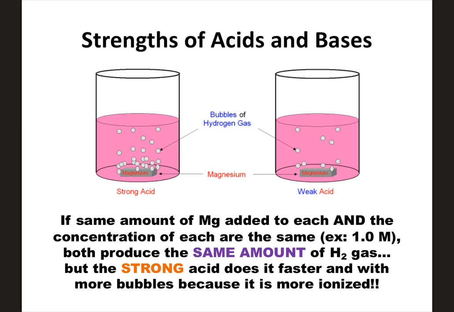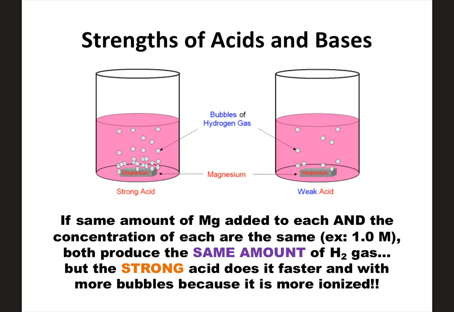If we add the same amount of magnesium to each of them, and the concentration of each of these is the same, remember, strength is not the same thing as concentration. Let's say both are 1 molar solutions, one of the strong acid and one of the weak acid. Both of them will produce the same amount of H2 gas.